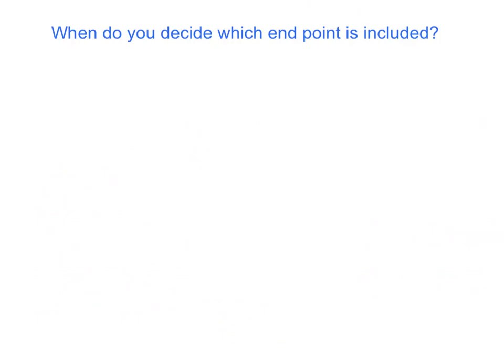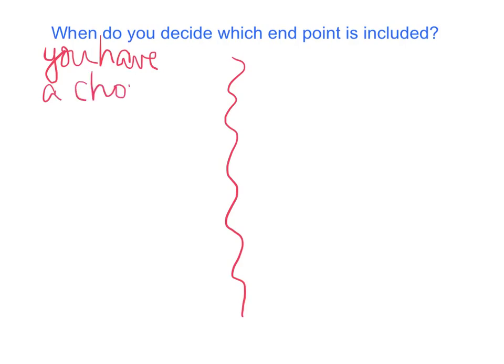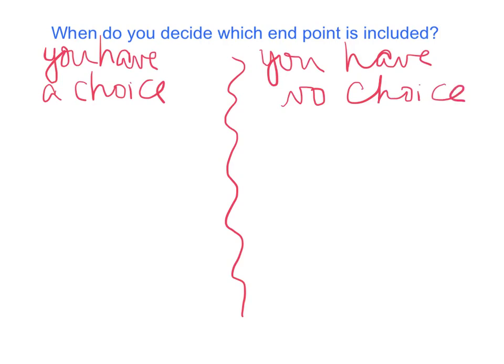I'm just going to divide my screen into two, and I'm going to show some examples where you have a choice, and where you actually have no choice because of the way the graph is shaped. So for this example, let's think of a function that looks like this.